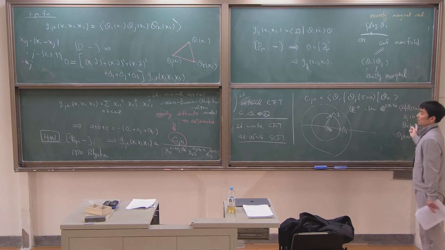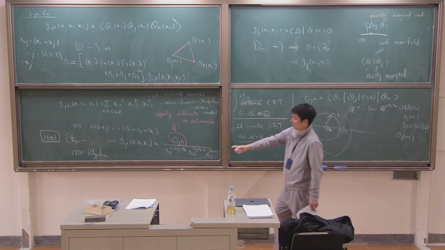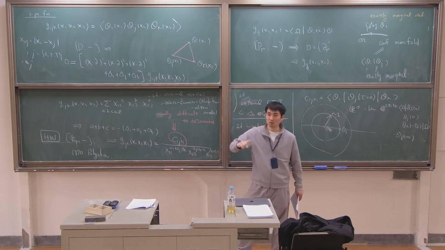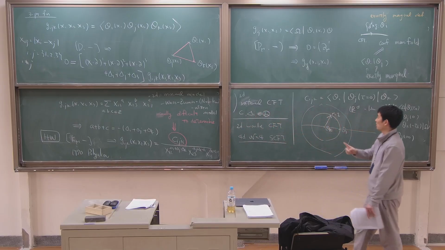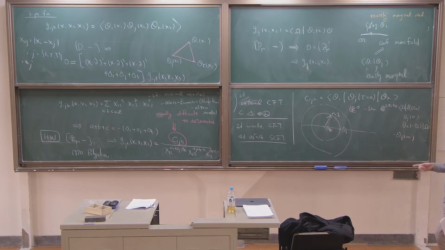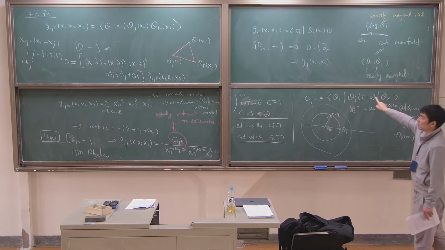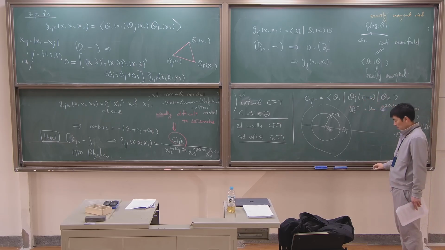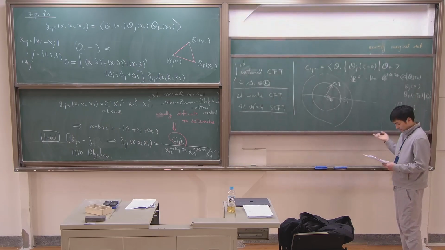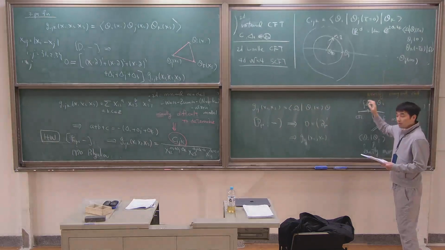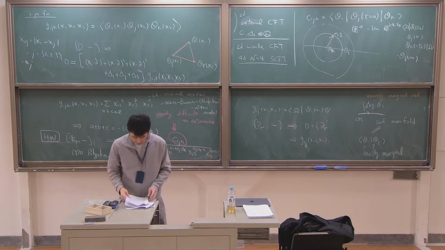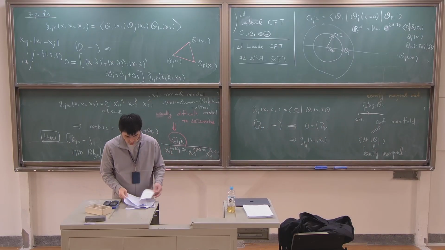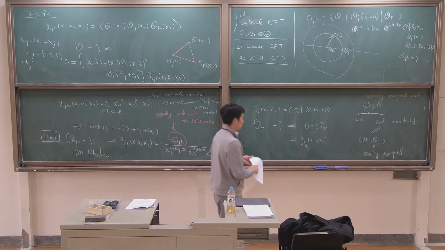Plug this in here and just use the conformal transformation from plane to cylinder. Then if you take this limit, you can show that this is what's left. Fine. Okay, and then the question is the 4-point function.